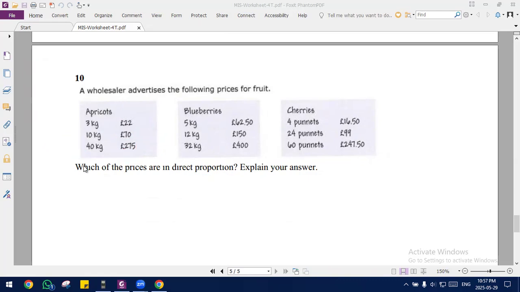Now the blueberries. Just find two numbers that you can multiply to make them, okay? Here, for example, 12, can I make 32? No. Or 5, can I make it? No. Let's try to make it easier. Let's divide by 5. First, let's divide it by 5 to get the value, and then we times it by 12.